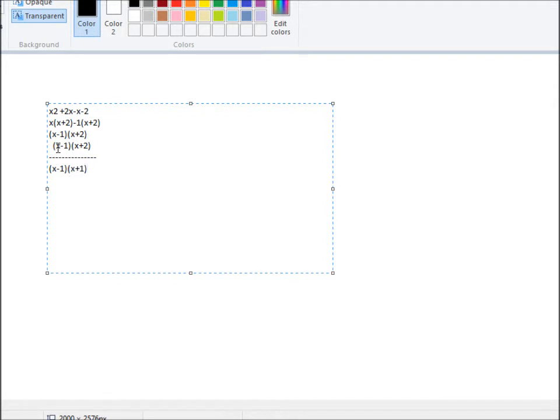So the (x - 1) in the numerator and the (x - 1) in the denominator get cancelled. The answer you get is (x + 2)/(x + 1).